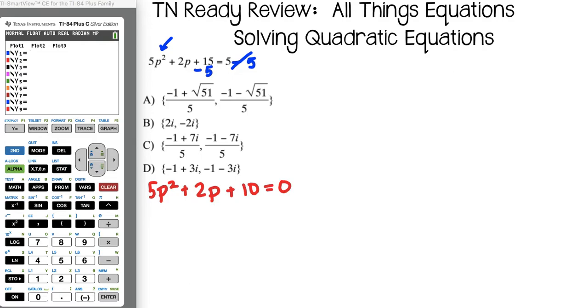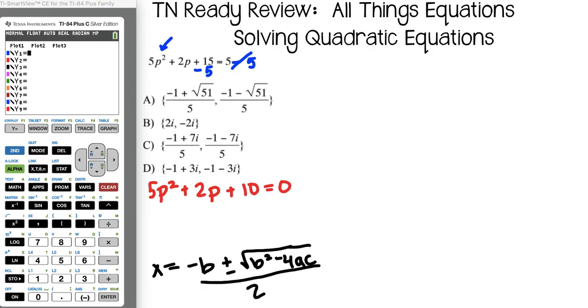Okay, so now that it's in standard form, I now know that I can use the quadratic formula, which is x is equal to opposite b plus or minus the square root of b squared minus 4ac, all over 2a.